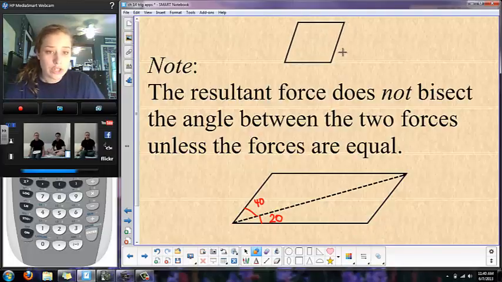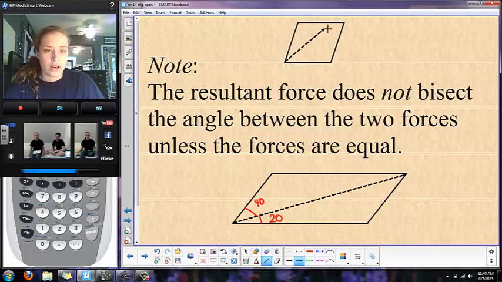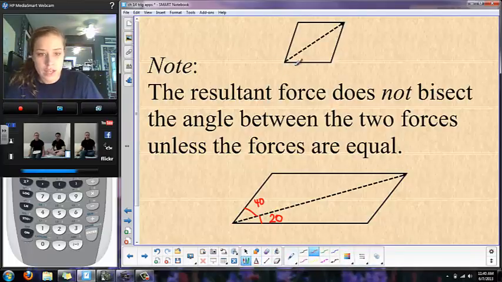So the question that you're going to see on the test like that says, force 1 is 20 pounds and force 2 is 20 pounds. So you're not dealing with a parallelogram anymore, because in a parallelogram, this side is greater than that side. So if you're dealing with a rhombus like this, then that diagonal, that resultant force, does bisect that angle right in half.